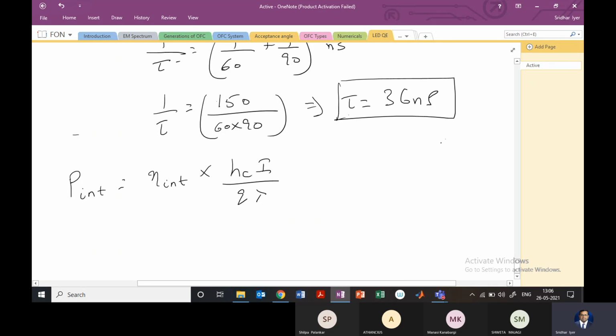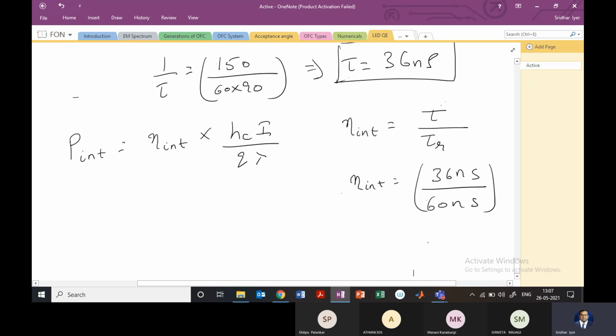And we know from our derivation that internal quantum efficiency is total lifetime divided by radiative lifetime, right? And we have just calculated the total lifetime tau, right? So internal quantum efficiency will become tau, which we have calculated, which is 36 nanoseconds, divided by tau r, which is the radiative lifetime, and the radiative lifetime is given to us as 60 nanoseconds, right?